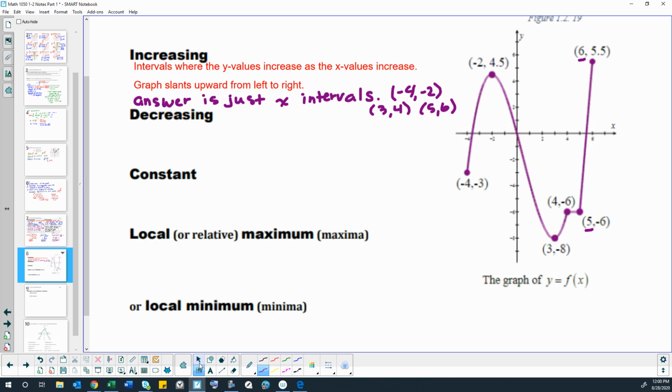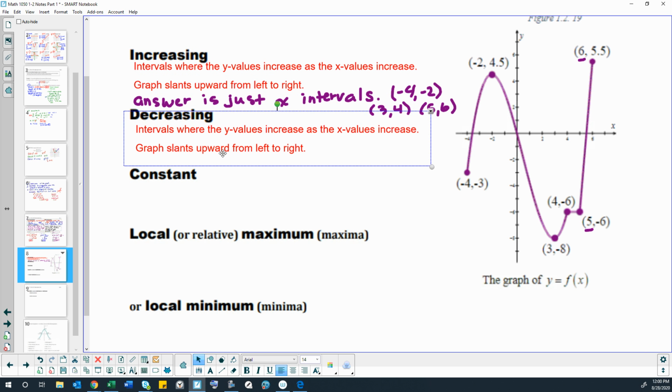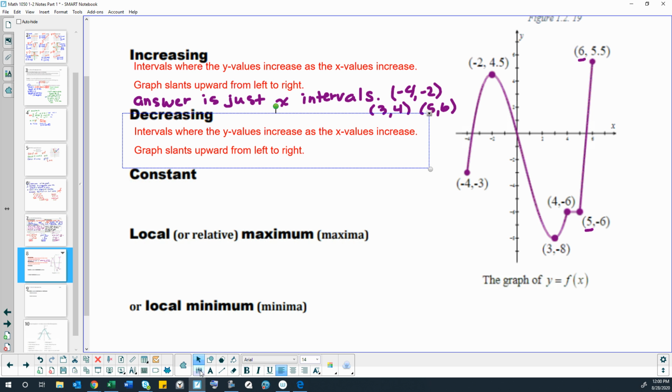Let's go ahead and do decreasing, which is pretty much the opposite. So just to save me time, I'm going to paste what I just typed, and then I need to change some of the words. Intervals where the y values decrease as the x values increase, and the graph slants downward from left to right.